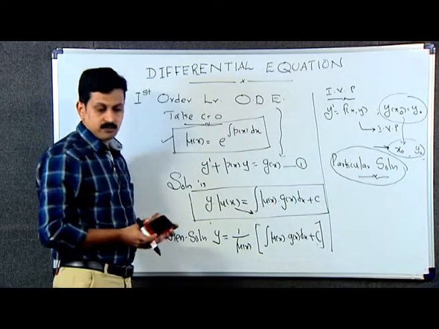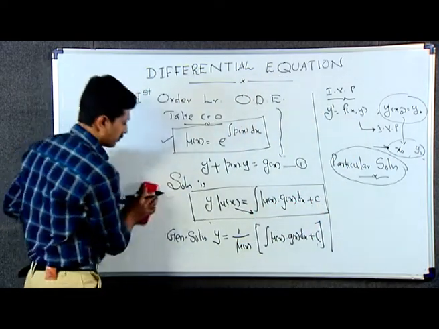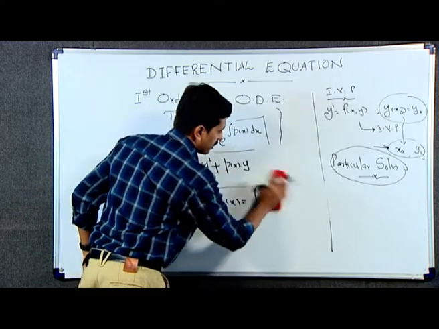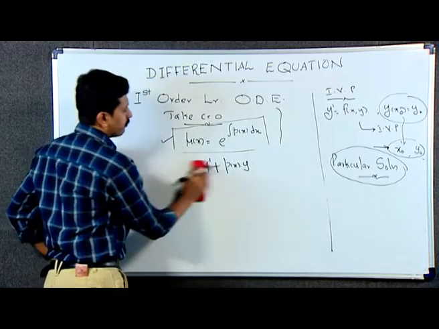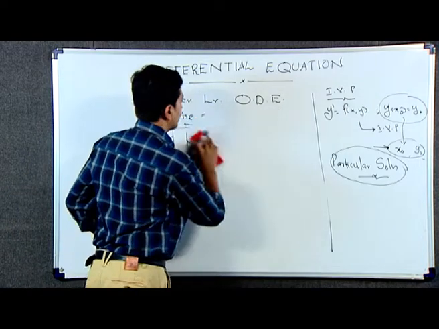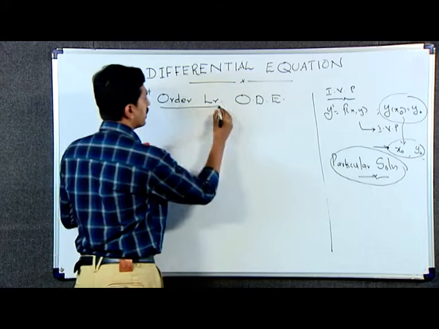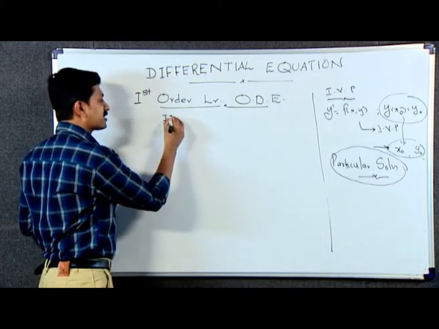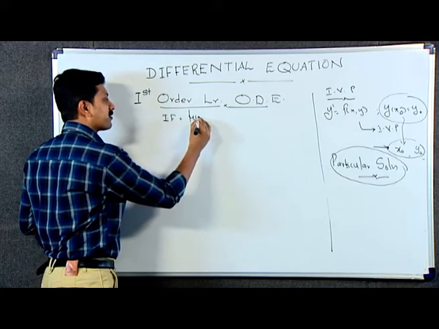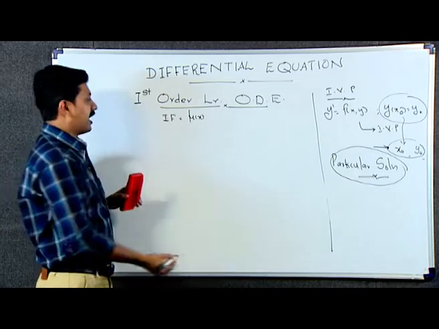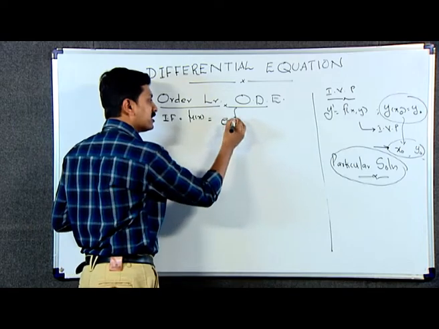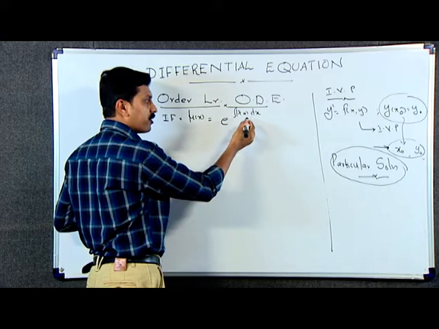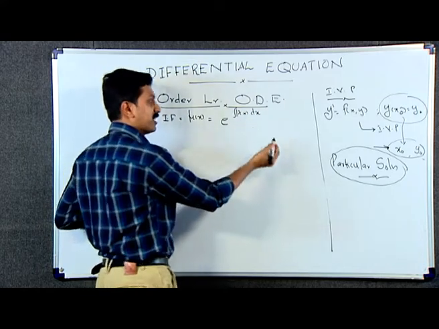And now we can move to some examples of solving a first order ordinary linear differential equation by using the method of integrating factor. One thing is that we only have to bother about the integrating factor. This integrating factor is mu of x, found by e raised to integral of p of x dx, where p of x is the coefficient function.